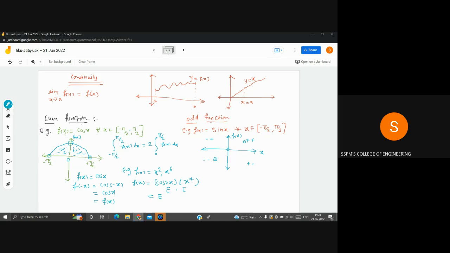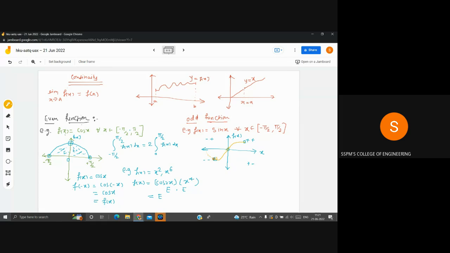You have to connect it typically, not by a straight line. It is a sinusoid signal.